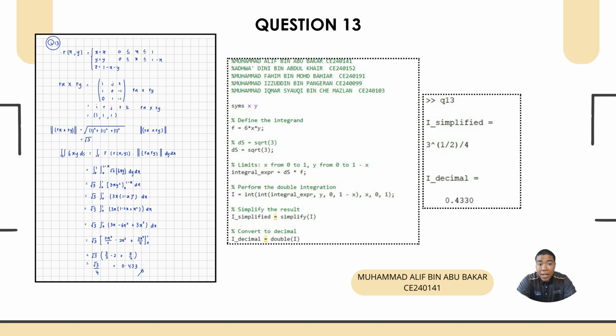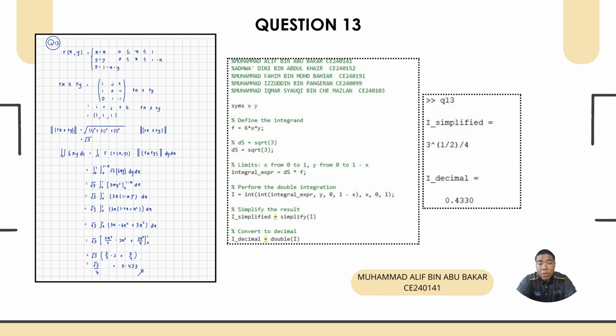The integral becomes the double integral over R of 6xy times the square root of 3 dx dy, where R is the triangular region in the first quadrant bounded by x plus y less than or equal to 1. After integrating, the final result is 1/4 times the square root of 3, or 0.433.